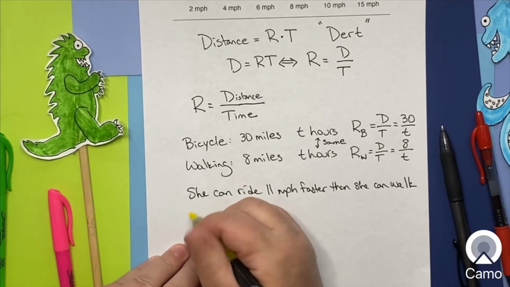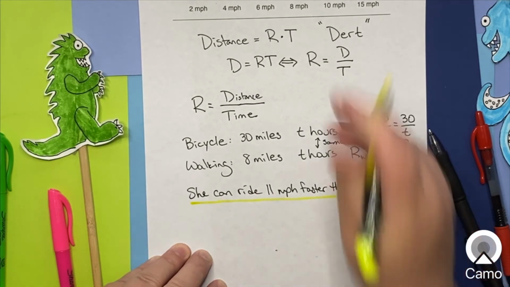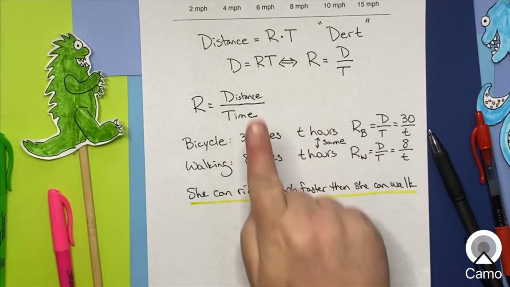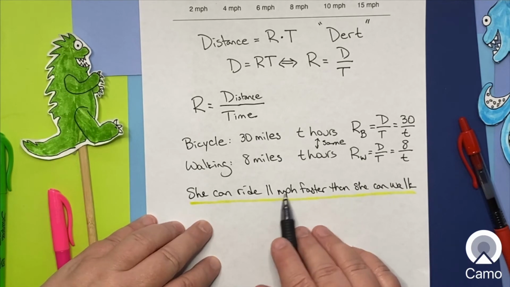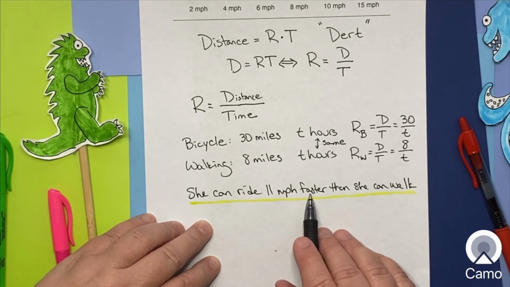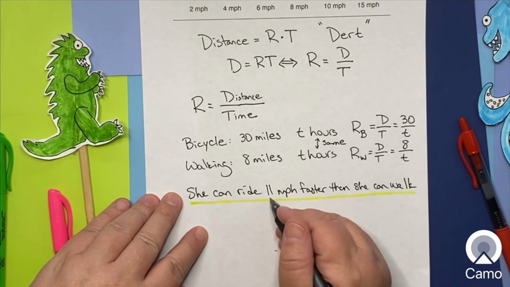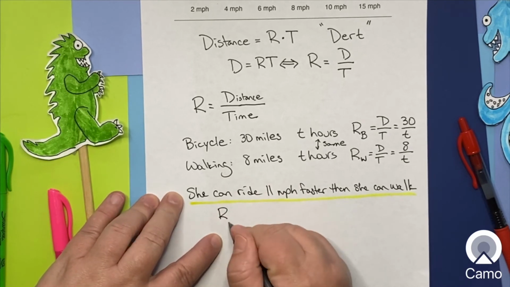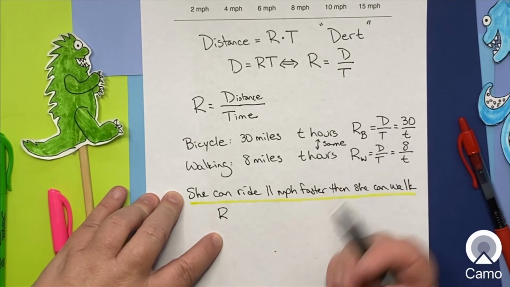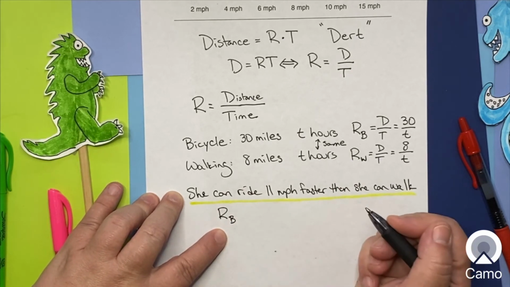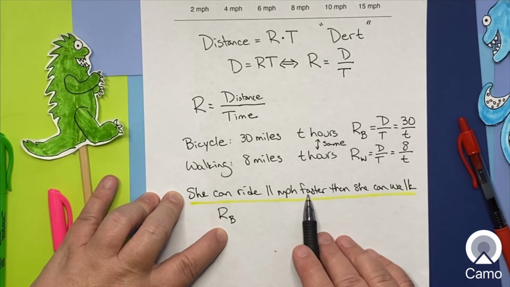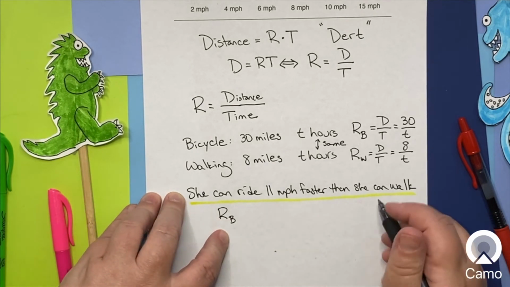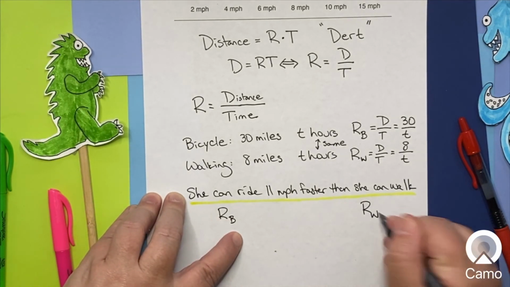Underline that with yellow so your eyeballs see that that came out of the problem. Okay, so miles per hour we're talking faster, so that's her rate. So she can ride, that's her rate. And when it says ride, it means ride a bicycle. She's not riding on a basketball. She's riding on a bicycle. 11 miles per hour faster than she can walk. Okay, so this is RW.